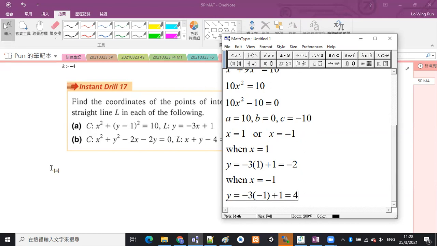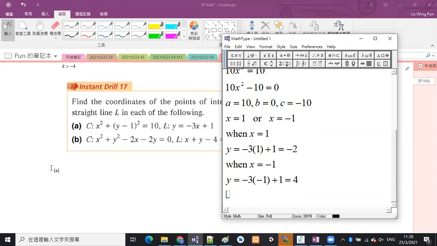Okay. So what are the coordinates? Good. The first point is (1, negative 2), and the second point will be (negative 1, 4).